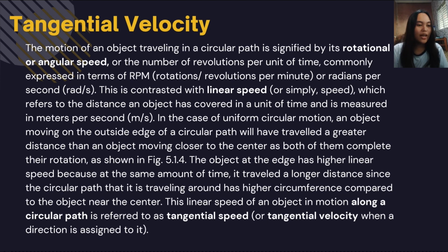The object at the edge has higher linear speed because in the same amount of time it traveled a longer distance, since the circular path it is traveling around has a higher circumference compared to the object near the center. This speed of an object in motion along a circular path is referred to as tangential speed, or tangential velocity if a direction is assigned to it.